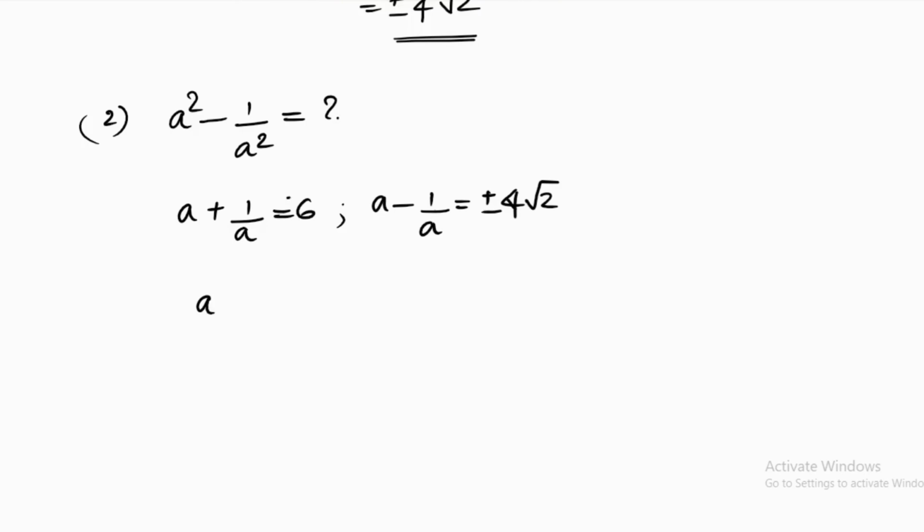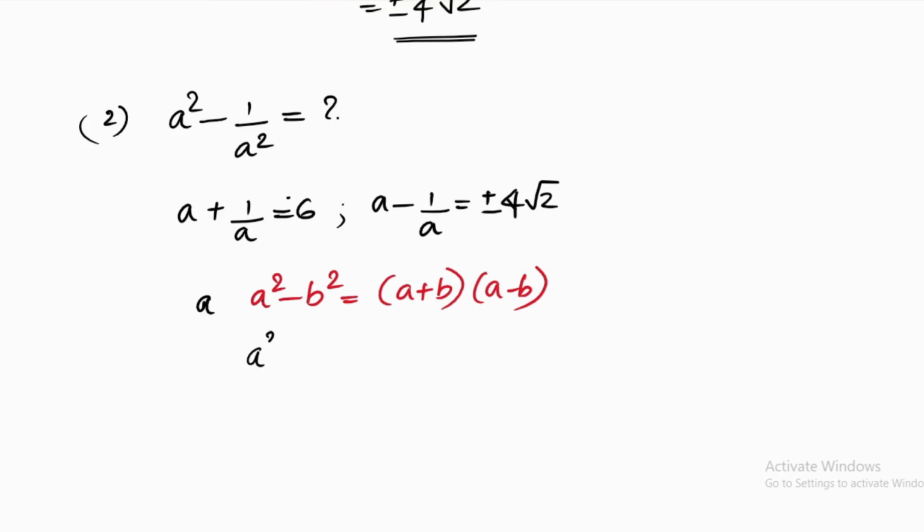Now we know the equation a square minus b square equals a plus b into a minus b, correct?